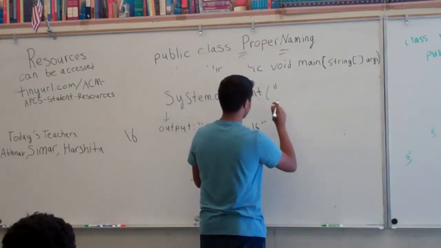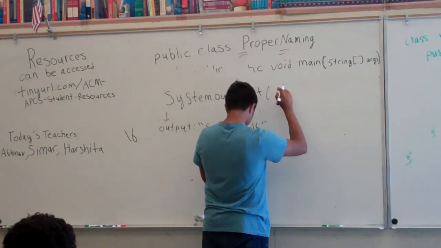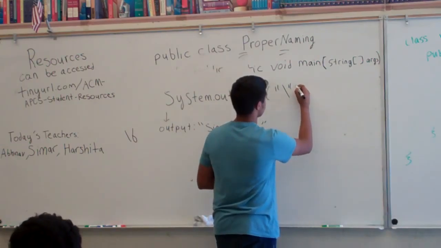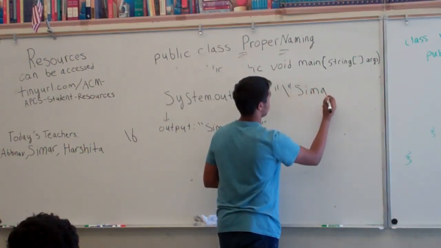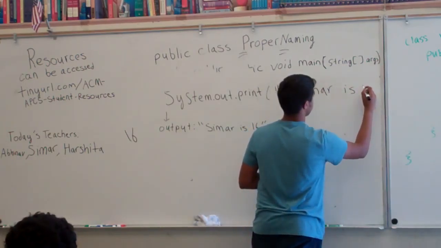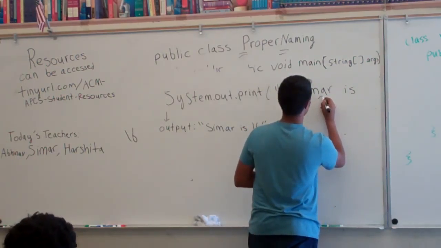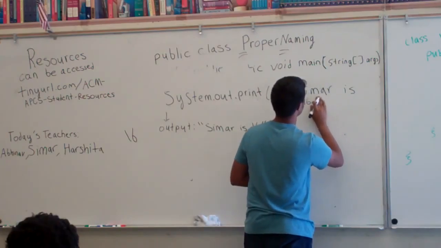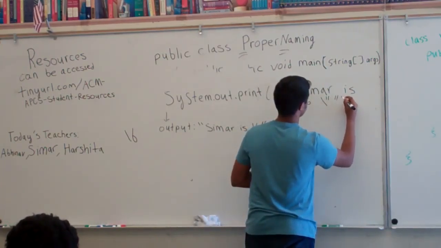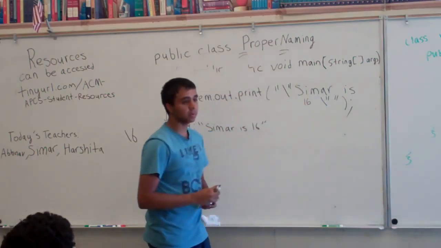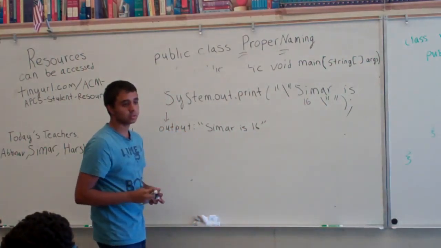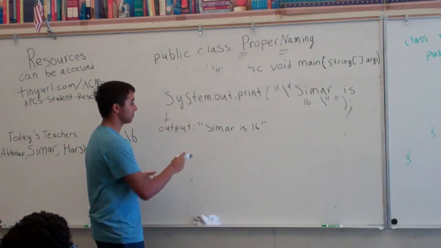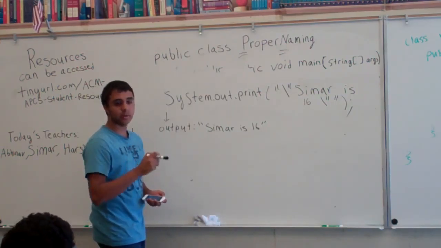In that case, I would write backslash quote, Simmer is 16, and then backslash quote. And then this would print Simmer is 16 in quotes. In case you ever want to use quotes, this is how you do it. Try doing it in your code.